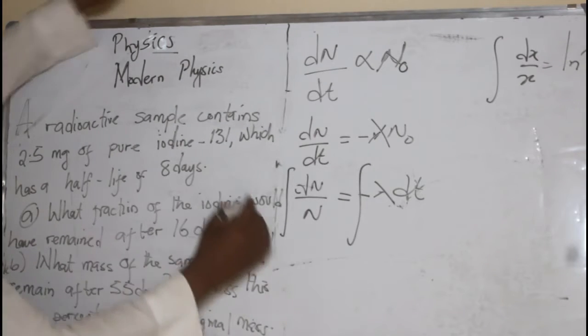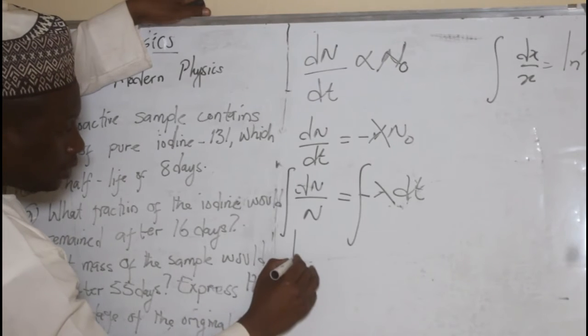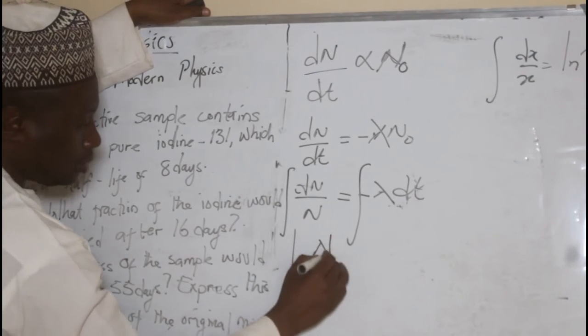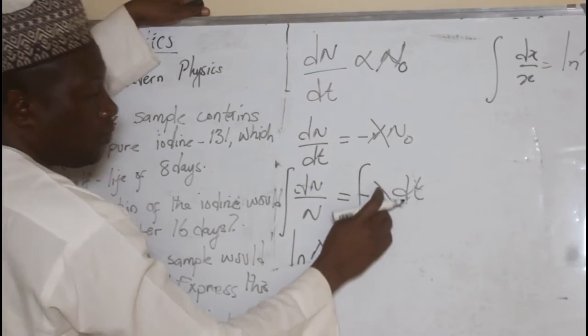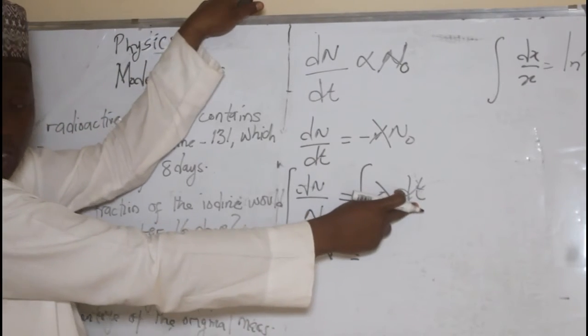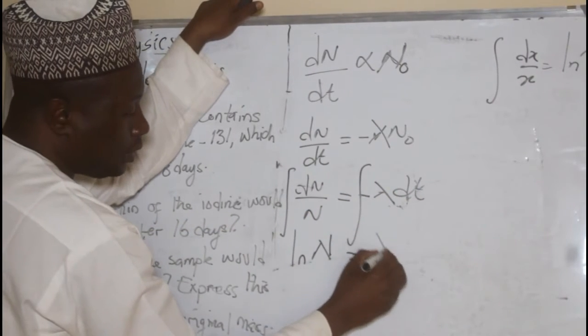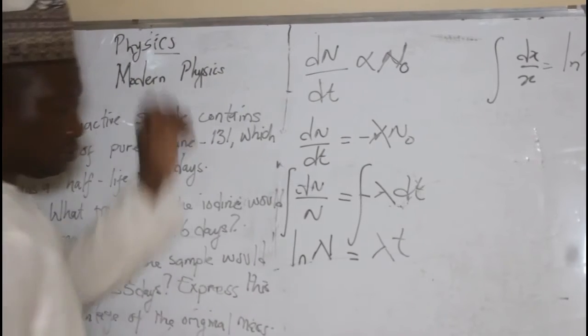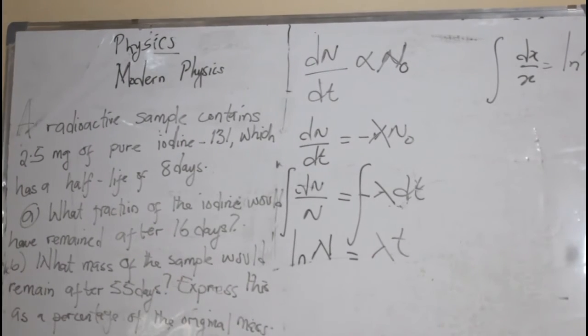So now what we have here is ln n equals to the integral of minus lambda dt. Once you integrate dt, you're going to have lambda t. But normally, because we are talking about disintegration, it is going to start from a given number to a final number.